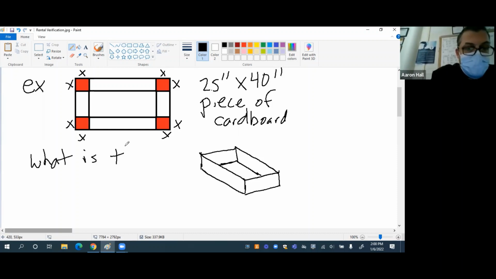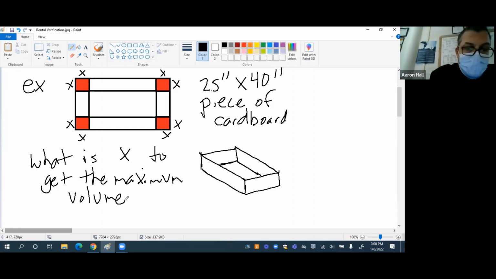What is X to get the maximum volume? Everybody caught up?